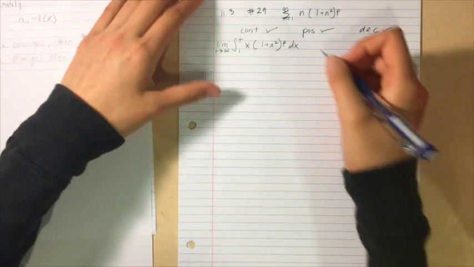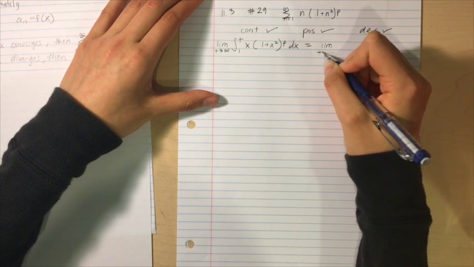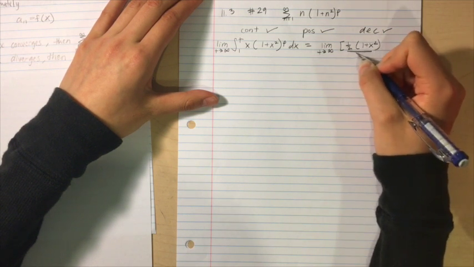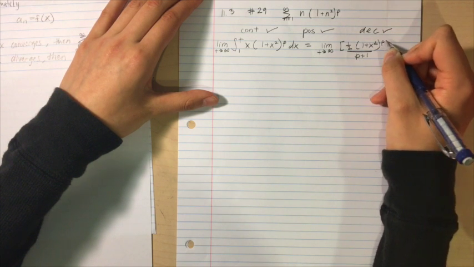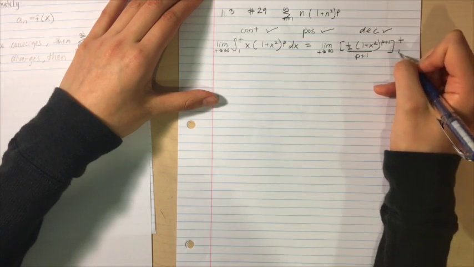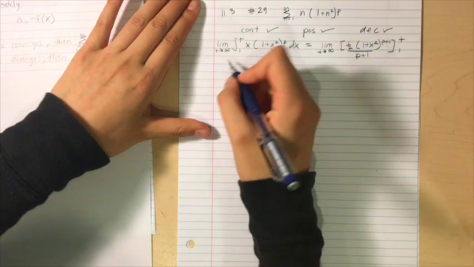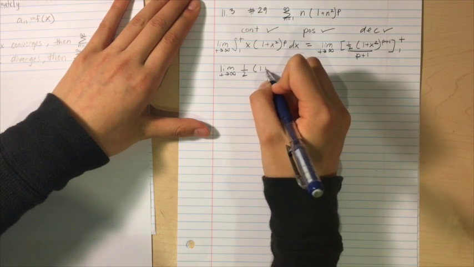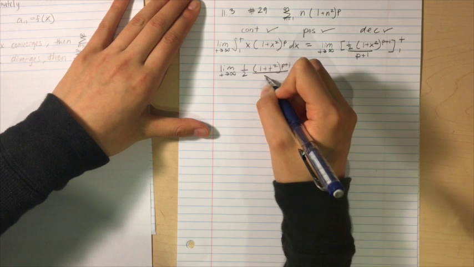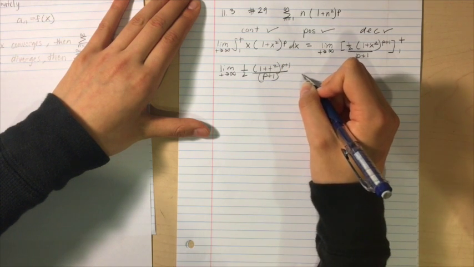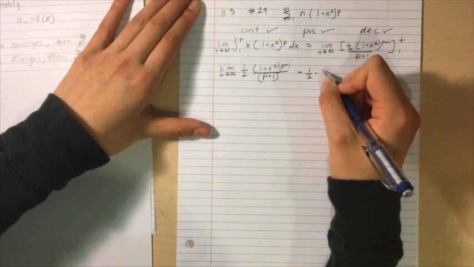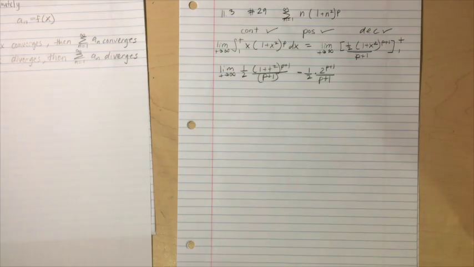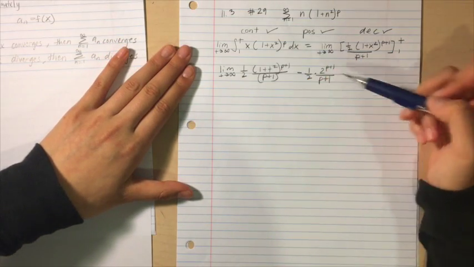Now, solving this integral, we get, for p is a number, and this equals to... Now, for this to be convergent, the integral must converge to a number.